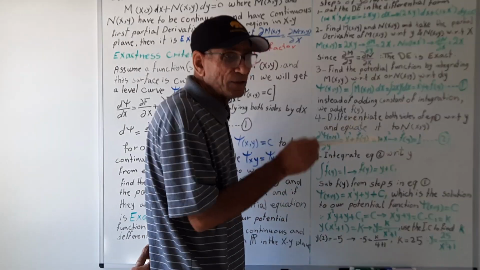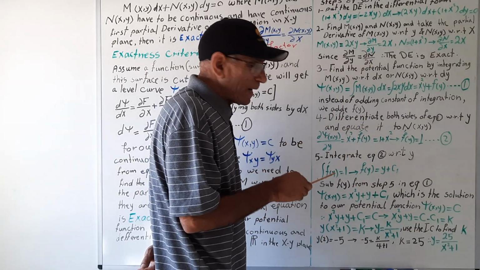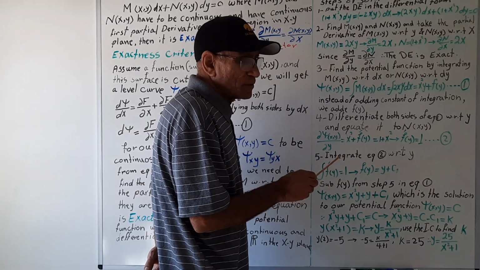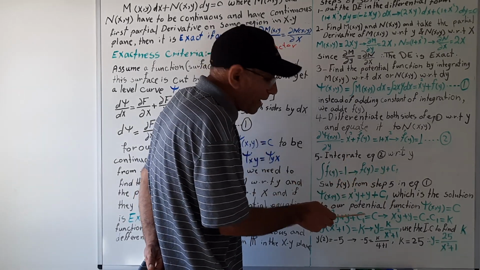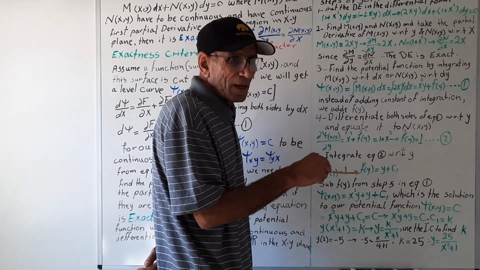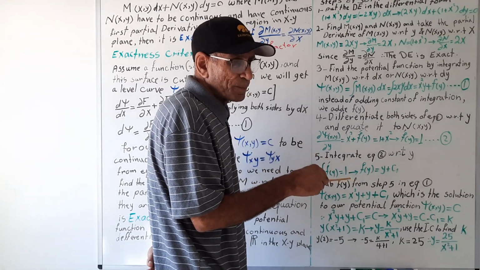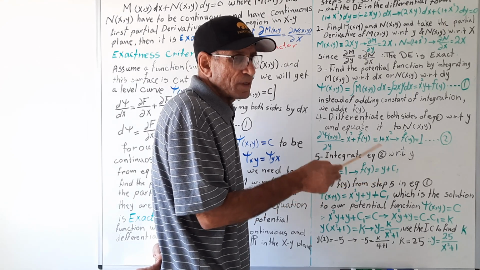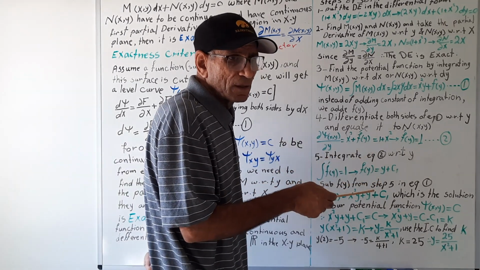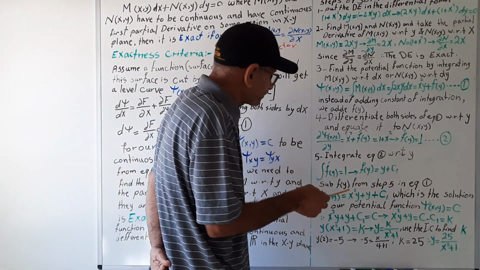So if we add it or we don't add it, there is no problem because this constant will be absorbed by another constant at the end of our solution. And it's still the same. When we use the initial condition, we find that constant.